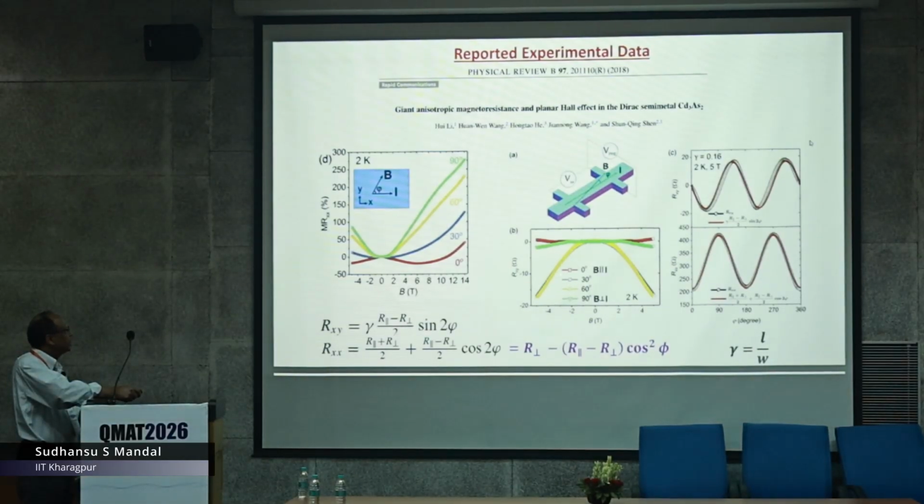It looks quadratic, that is fine. So the planar magnetoresistance changes sign. And then for this Hall resistance, you have a slight shift from 45 degrees also, but it's not much, because this is the same system, Cd3As2, which is a very weak Weyl semimetal.